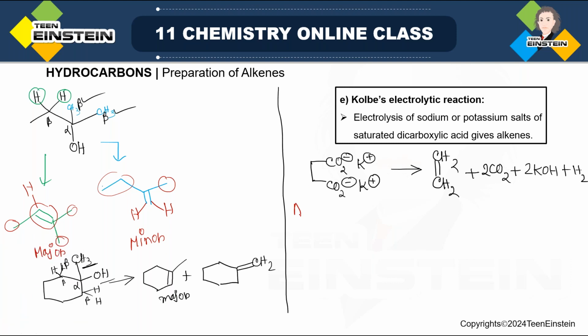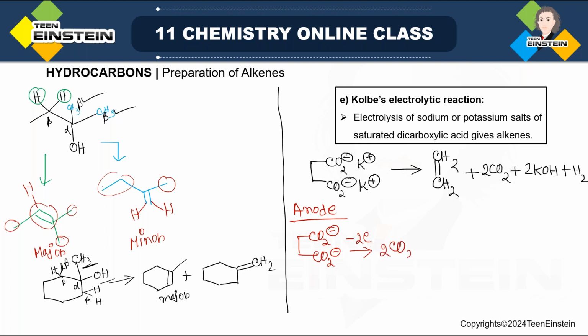Next, we will see what is happening at the anode and cathode. So at the anode, this molecule, that is the carboxylate salt, if 2 electrons are removed from it, what will happen? 2 electrons are removed, and the CO2 part is removed as a neutral molecule.